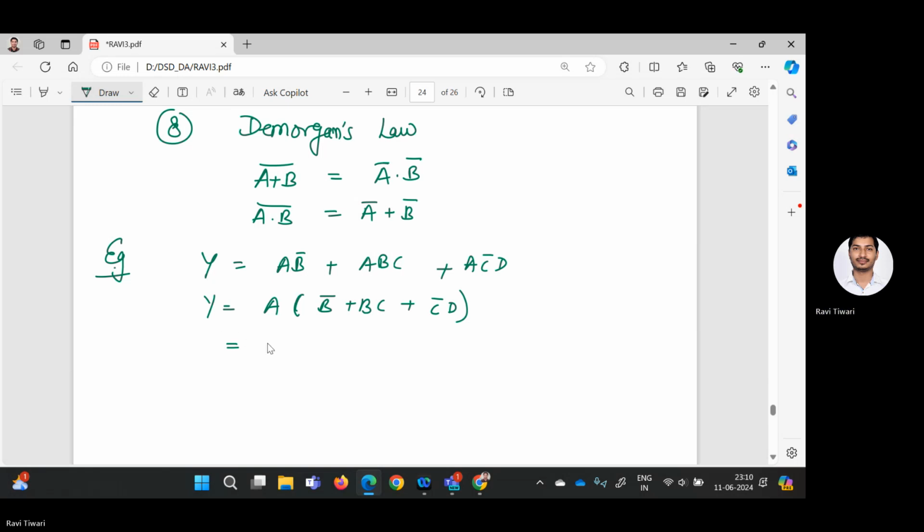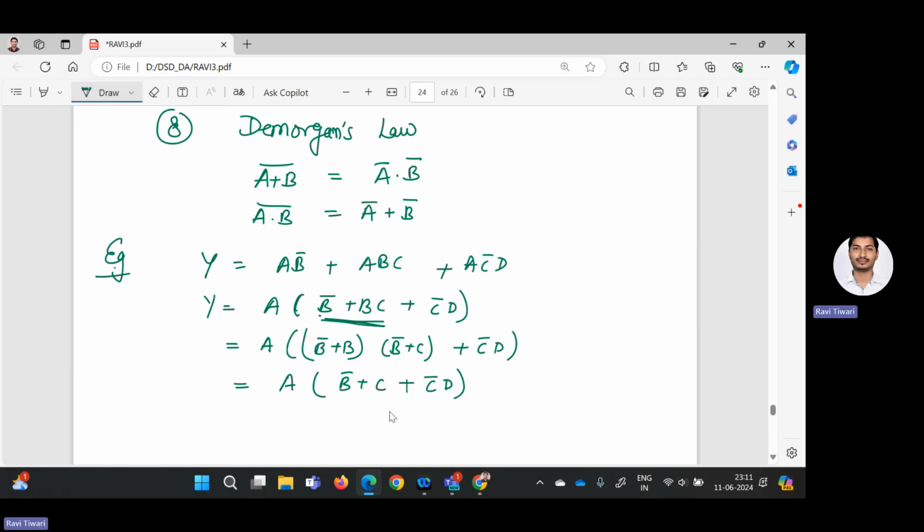Now, in this term, can we apply the distributive property as we have seen earlier? So we can write B bar plus B, and this is B bar plus C bar D. And we know that B bar plus B is equal to 1. So I can write A times (B bar plus C bar D). Correct?